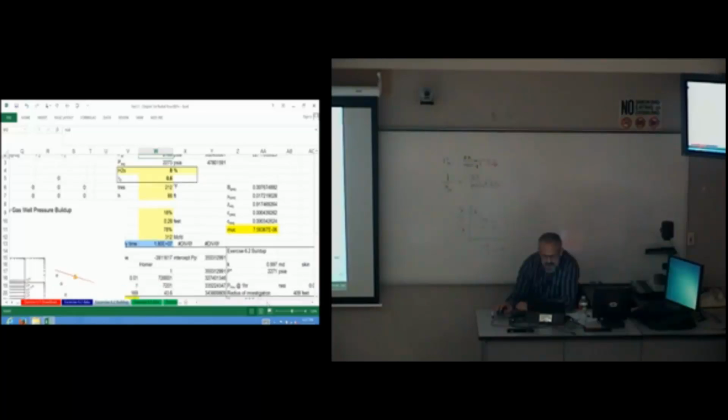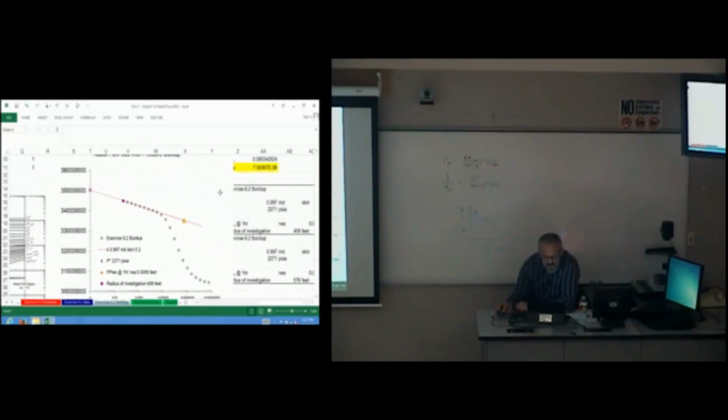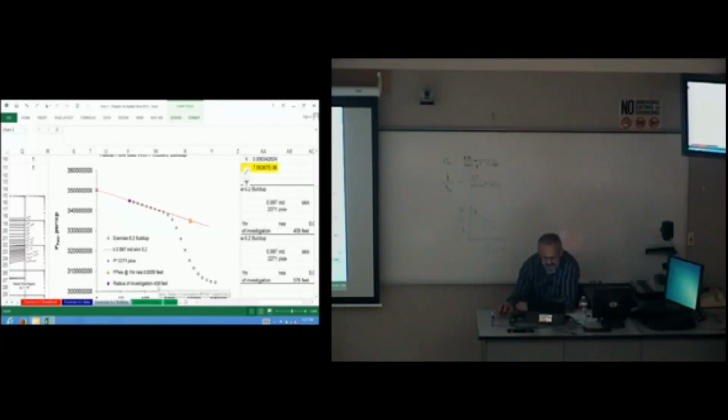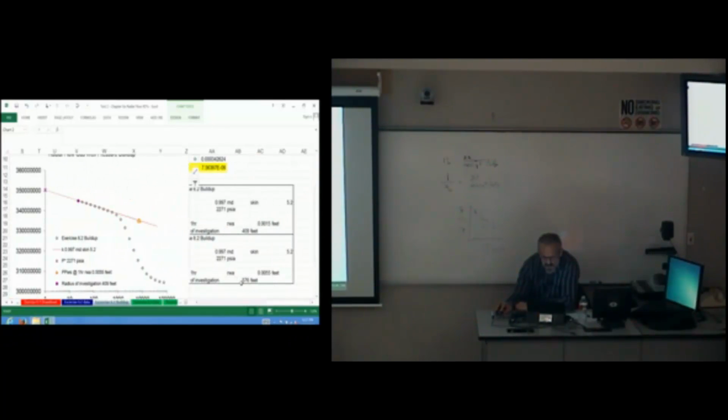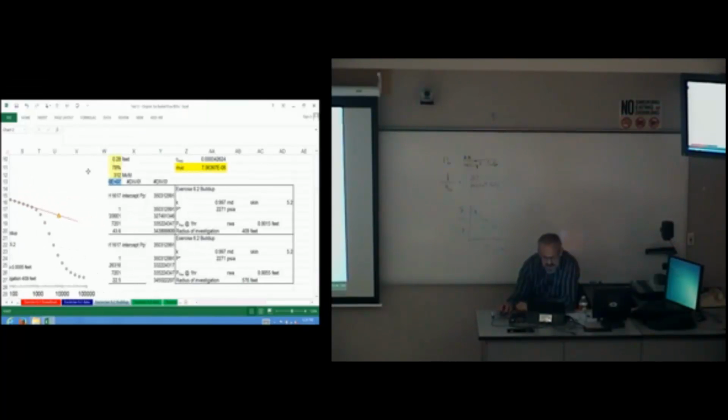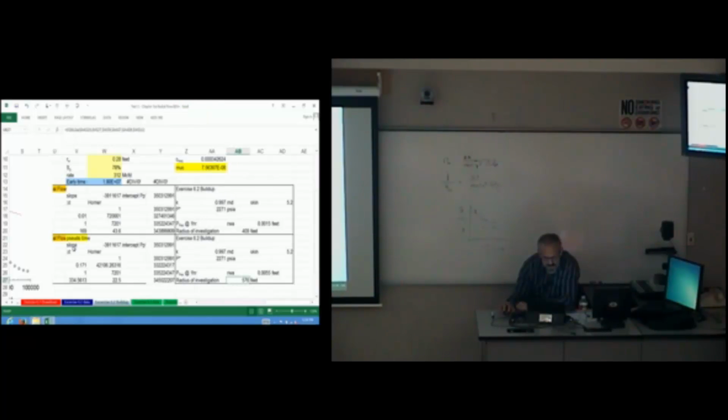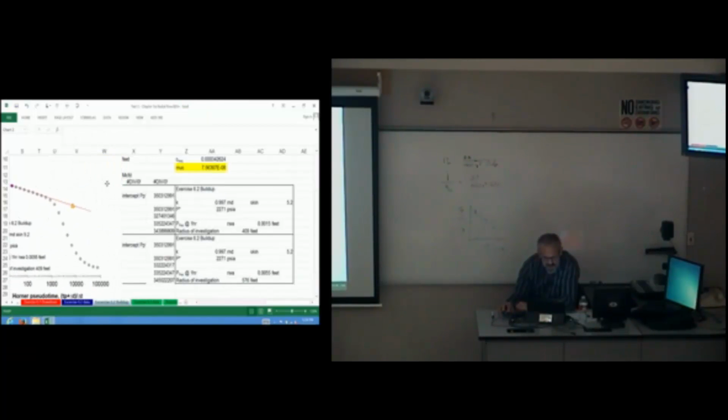Now guys, how does that affect our radius of investigation? Does anybody remember where I started? 4-something, using pseudo time? You said 411. Let's just see what I got here. Radius of investigation, but now if I use pseudo time, I get 576. Why am I not annotating that on mine?